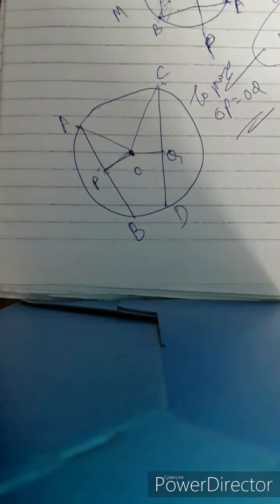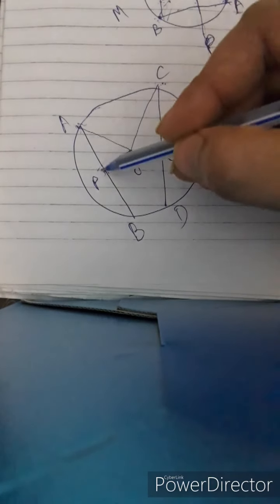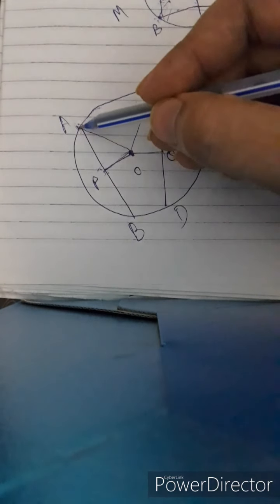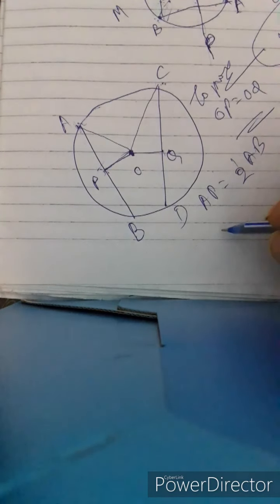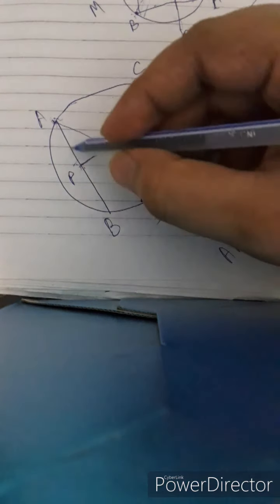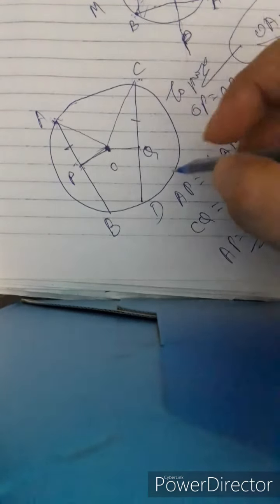So we get AP equals half of AB and CQ equals half of CD. Since AB equals CD, it is given, AP becomes equal to CQ.